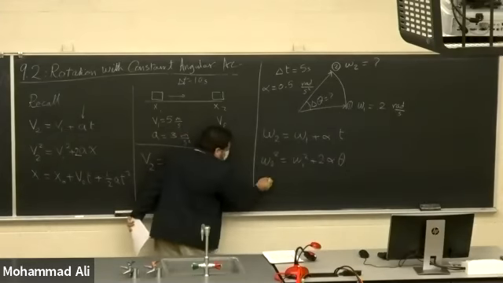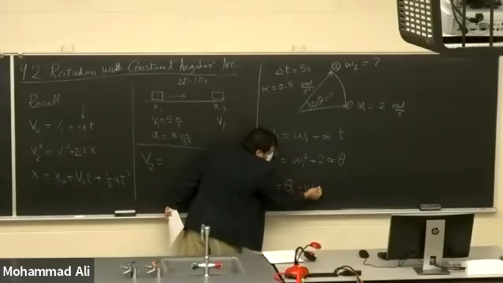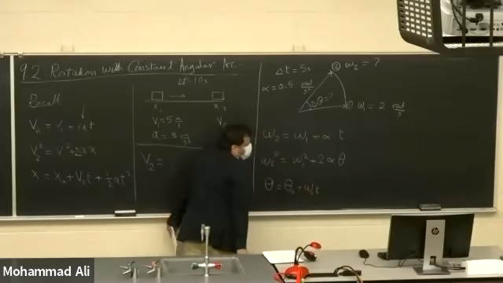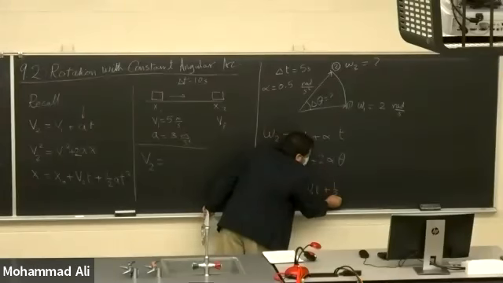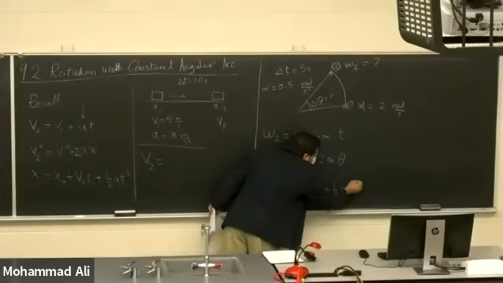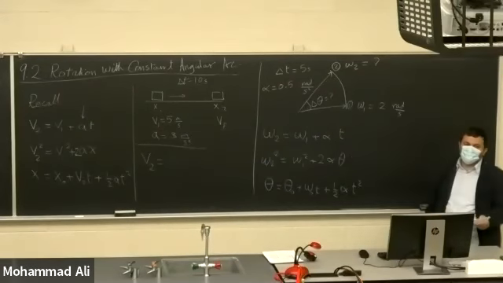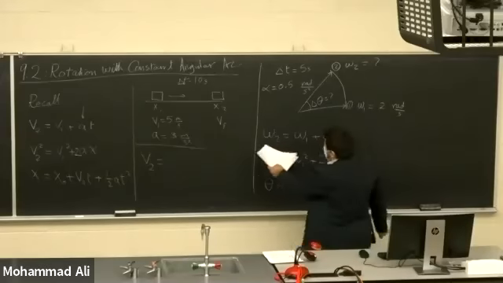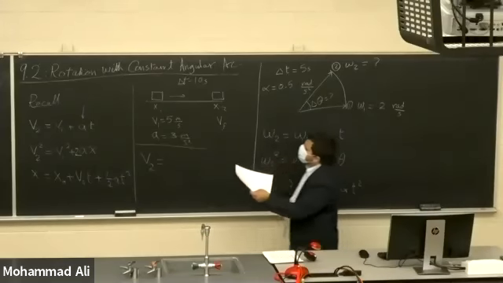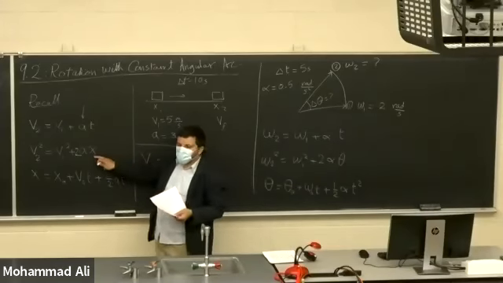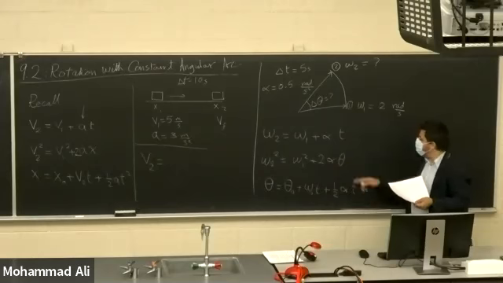Also, theta is equal to theta naught plus omega naught multiplied by t, which is omega 1, plus half the acceleration multiplied by the square time. We have the same equations. We just change v by omega, the acceleration by alpha, the angular acceleration, and x, the position, by the angular position, which is theta.